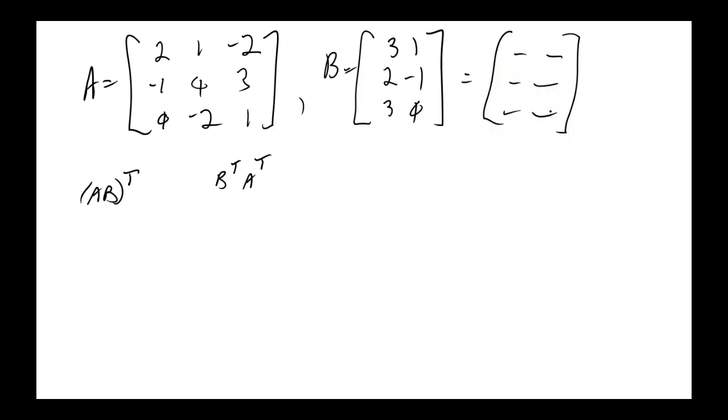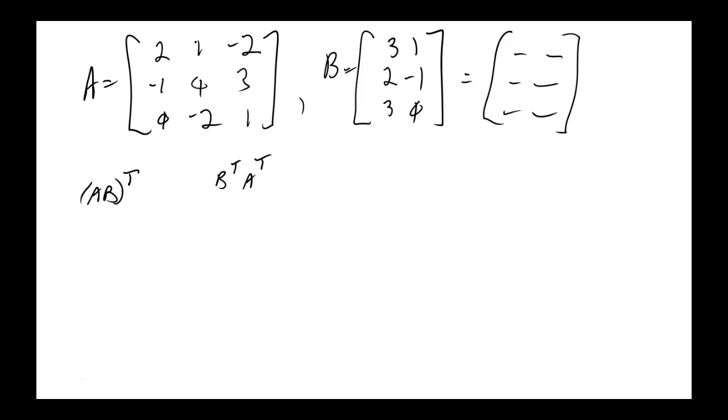First entry. The 1, 1 entry would be what? First row of A times first column of B. 6. Help me, folks. 6.